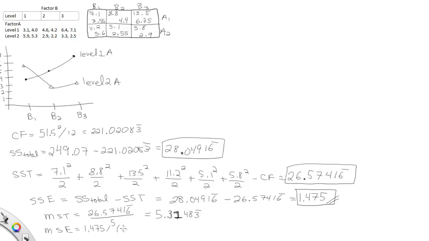We'll take the total degrees of freedom, which remember would have been 12 numbers here minus 1, which is 11. And from there, we'll subtract off the degrees of freedom for the treatment. So we just said the degrees of freedom for treatment was 5. So that means we end up having 1.475 divided by 6. And when you're done, you get approximately 0.24583 repeating.